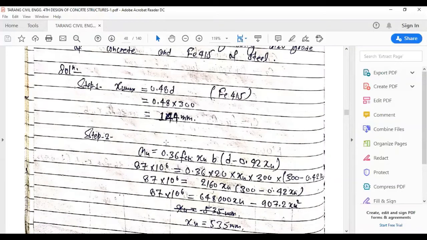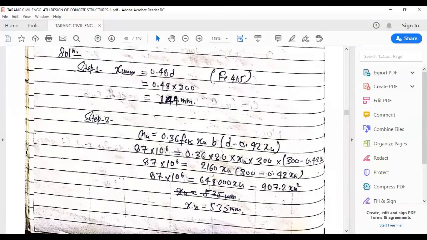Substituting the given values, this comes out to be 87 times 10 to the power 6. Because it is already given as ultimate moment, we need not factor it. 0.36 again, FCK is 20 because M20 grade of concrete is to be used.